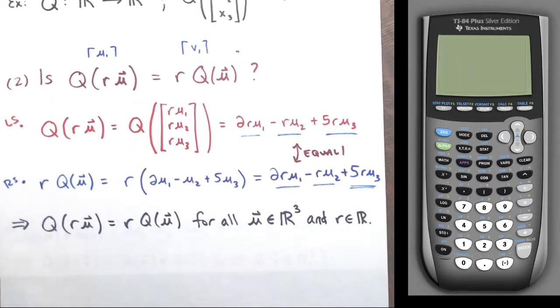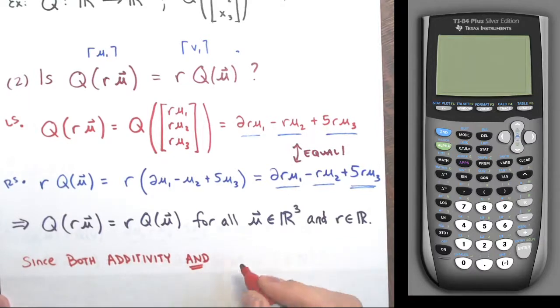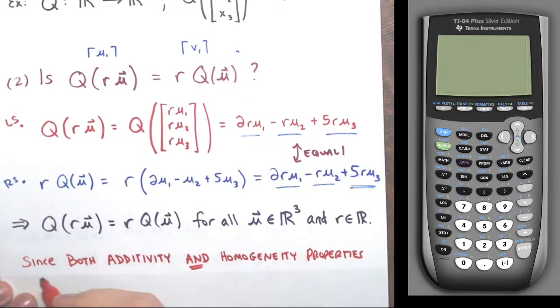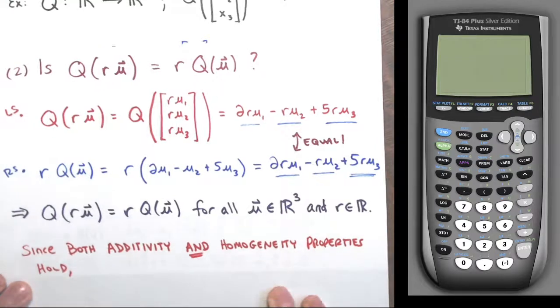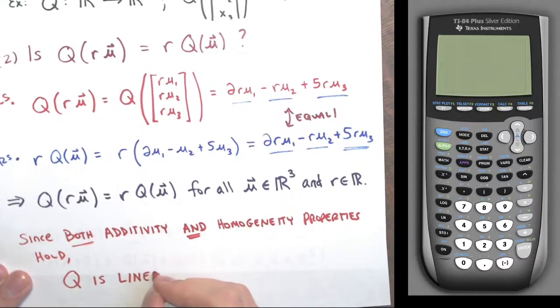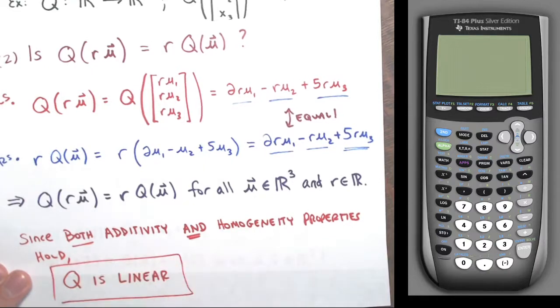Now, since both the additivity and homogeneity properties are true, since both of them hold, this transformation Q is what they call a linear transformation. So it is linear. Wonderful.